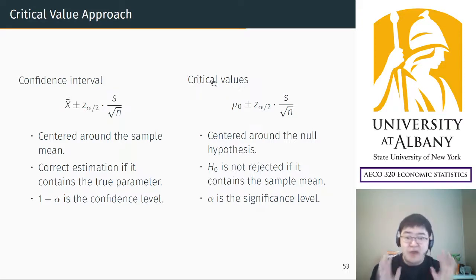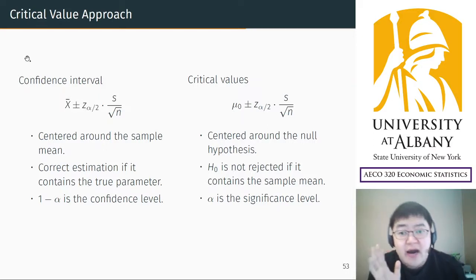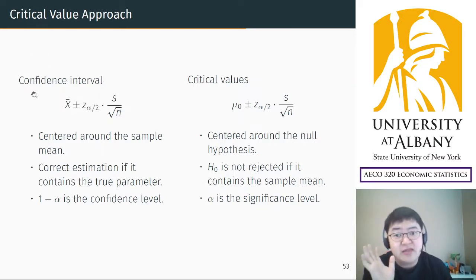Structure is parallel. So the major difference is, first, confidence level was for estimation, and it was centered around the point estimator, the sample mean. The sample mean was the point estimator, and we wanted to estimate the population mean. But in critical values, the situation is a little bit different.